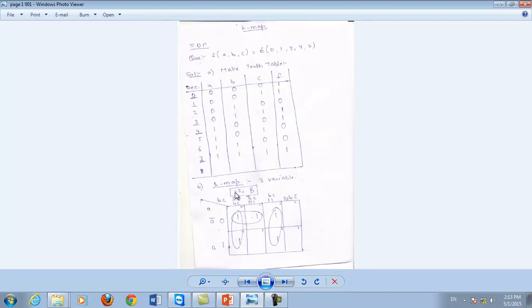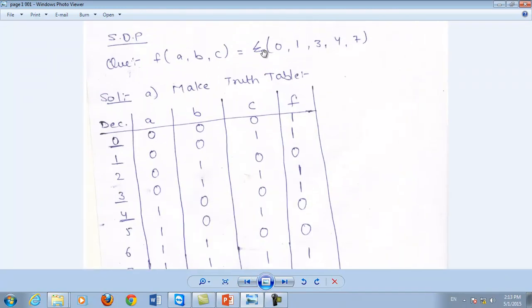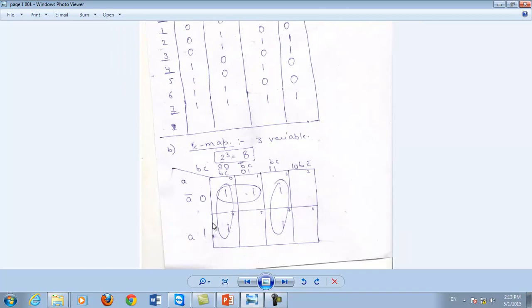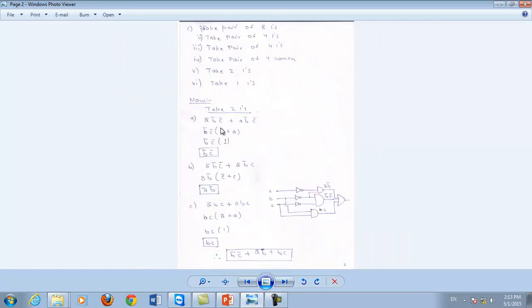If instead of the sigma symbol, the pi symbol is there, then the equation will be of product of sum. And for product of sum, instead of 1 you have to write 0 in the K-map, and instead of plus you have to write the multiplication sign, and instead of multiplication you have to write plus in this equation.